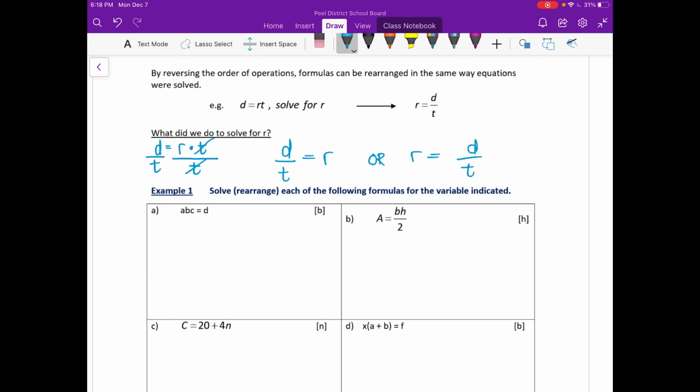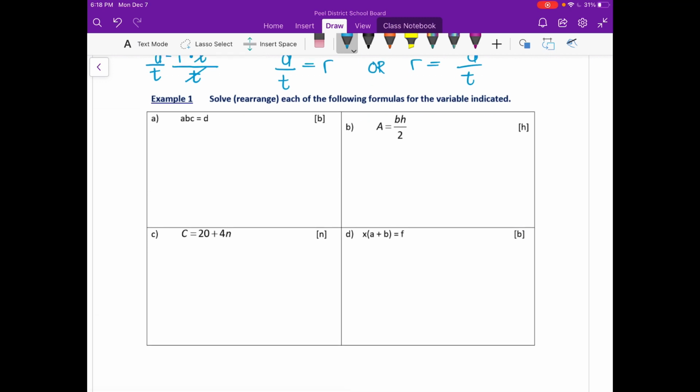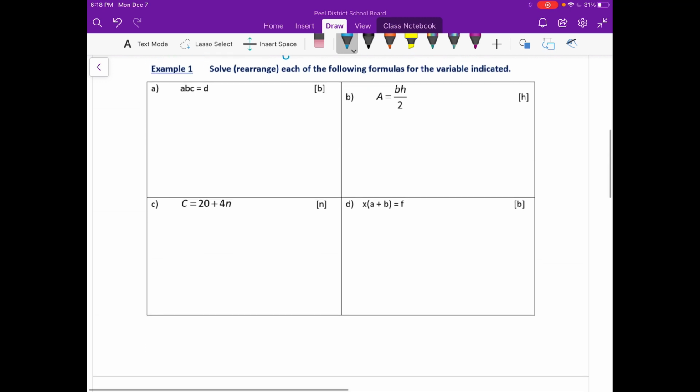Okay, let's rearrange some of the following formulas for the variable indicated. So abc equals d. We want to solve for b. We know that a multiplied by b multiplied by c gives me d. If I want to get rid of this c and this a, I'm going to have to do the opposite.